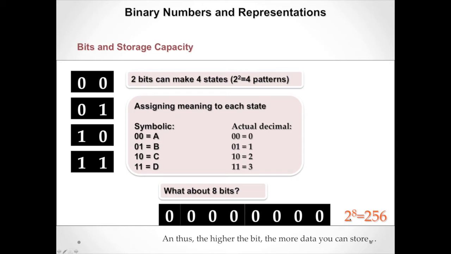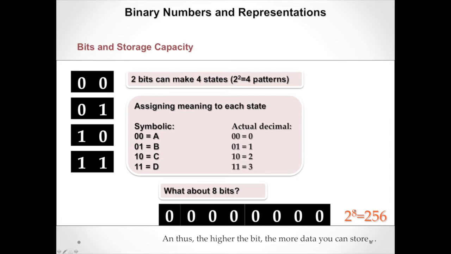So 8 bits is more than sufficient to contain your ASCII characters, from capital A all the way to Z, numbers, punctuation, and so on. There are so many symbols you can represent in an 8-bit system.